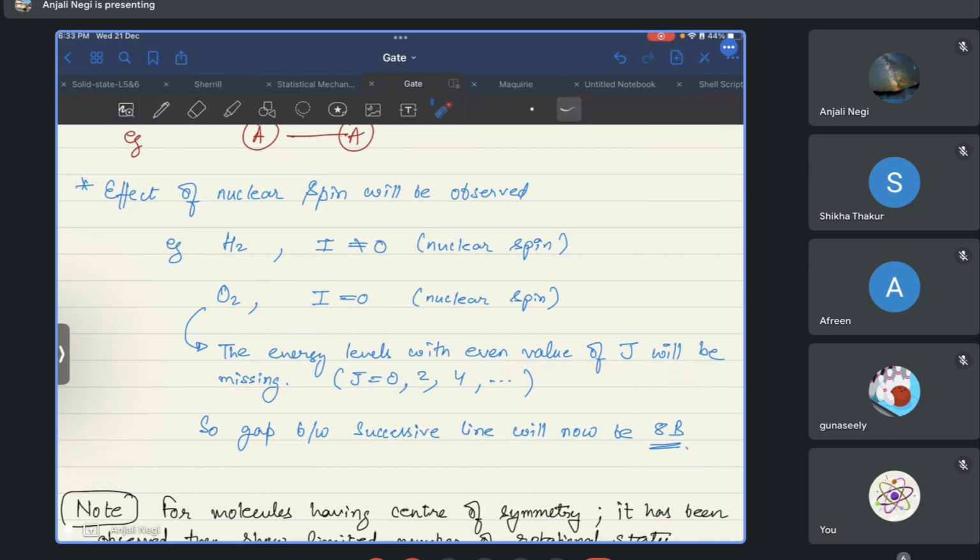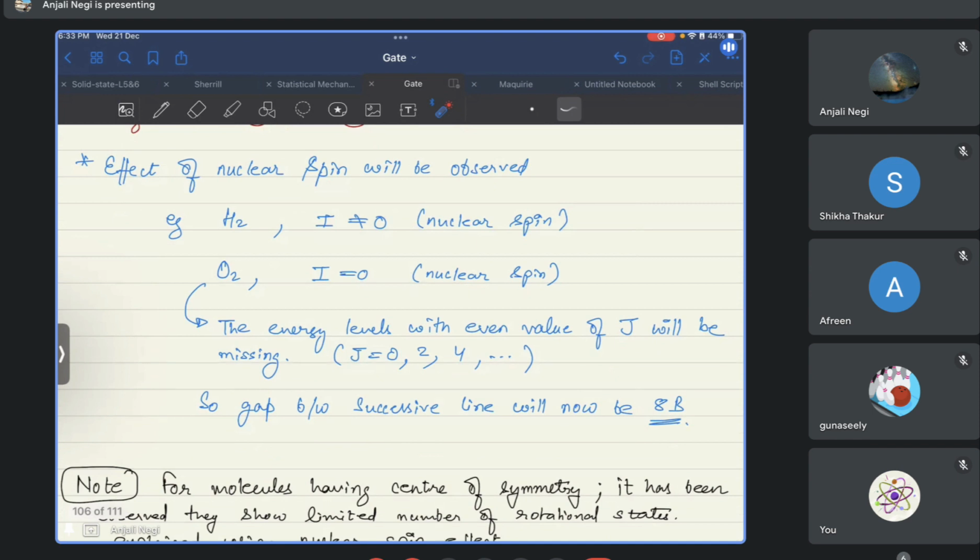So actually I am not going into very much detail of this, like how the nuclear spin affects the rotational Raman spectra of these molecules. I have attached the link to help you understand in detail if you want.